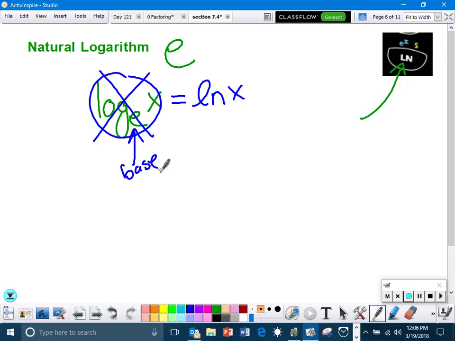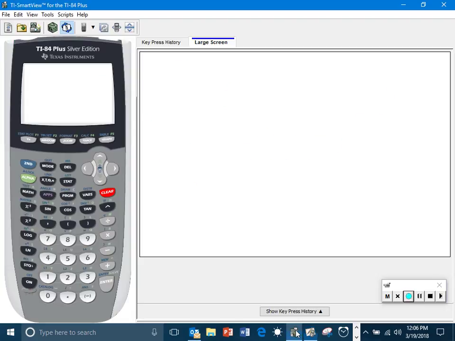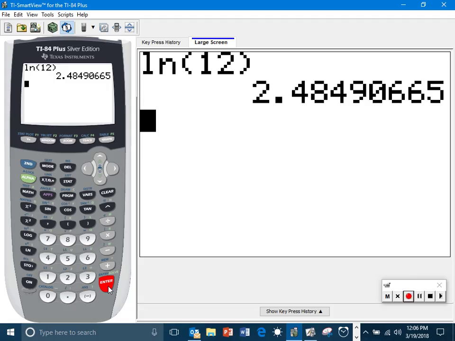So if for some reason you saw something like log base e of 12, you would rewrite that as natural log 12. Again, you don't use the e. So that can be typed into the calculator. Go to ln and type in the 12, and we've got the answer, 2.48.